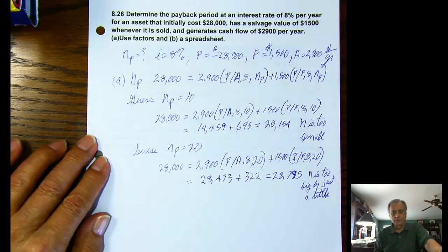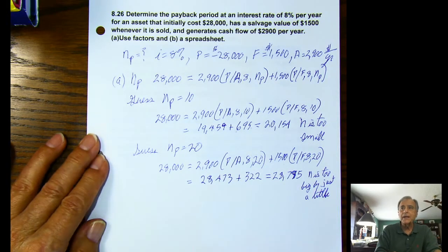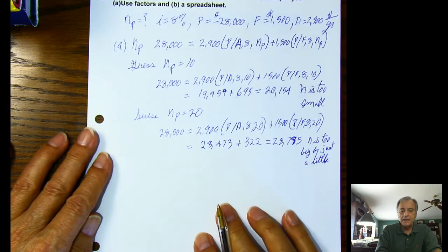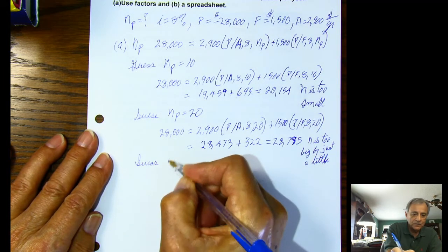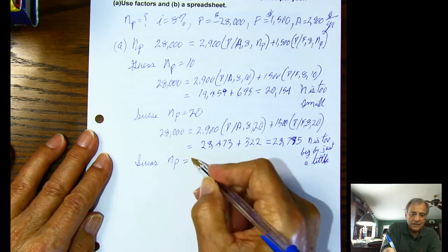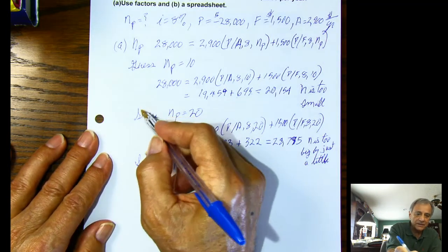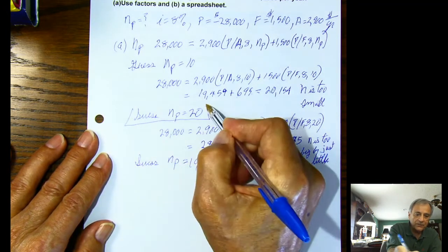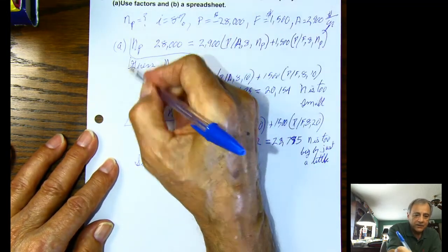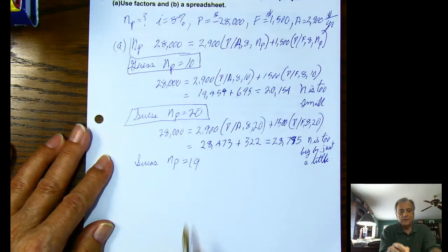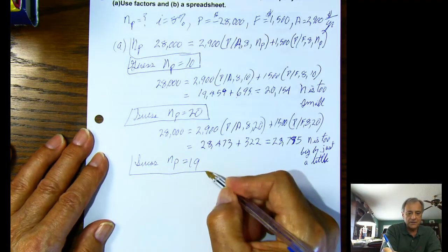So what's my next guess? I'm going to guess n equals 19. NP equals 19 for my third guess. This is my second guess. This was my first guess here. And this is going to be my third guess.